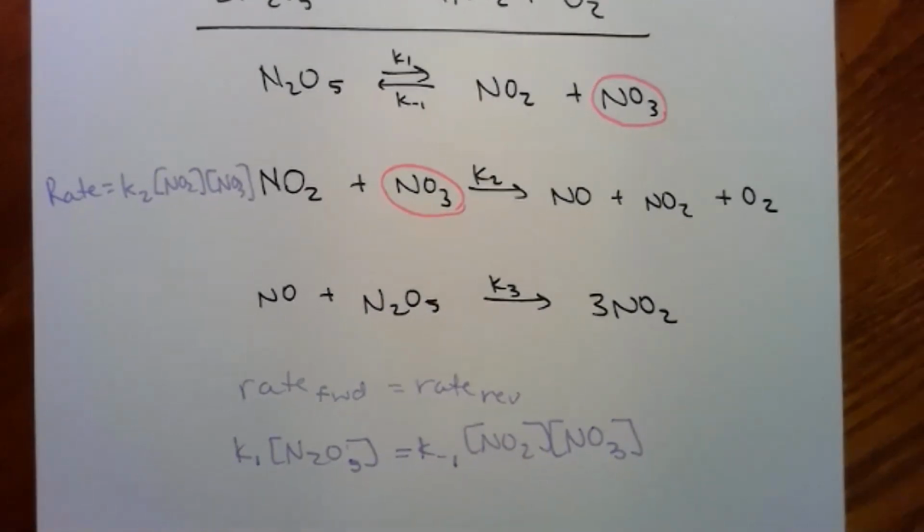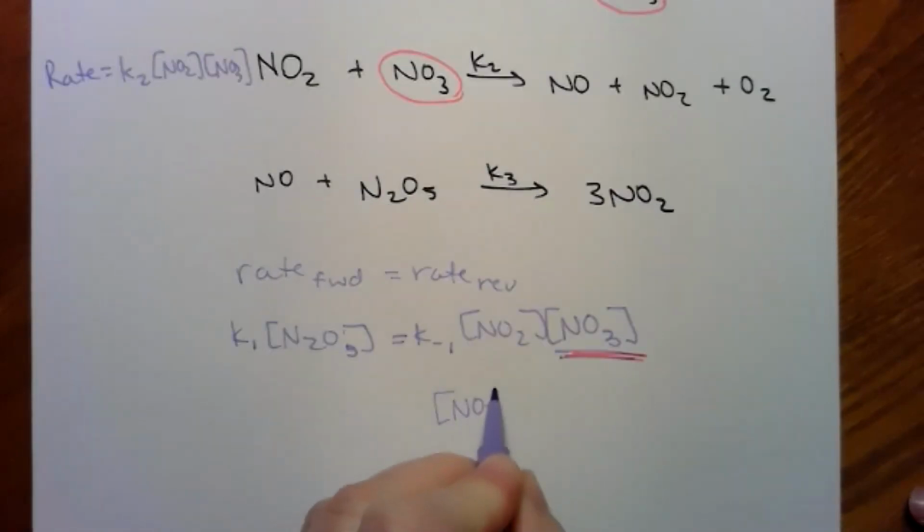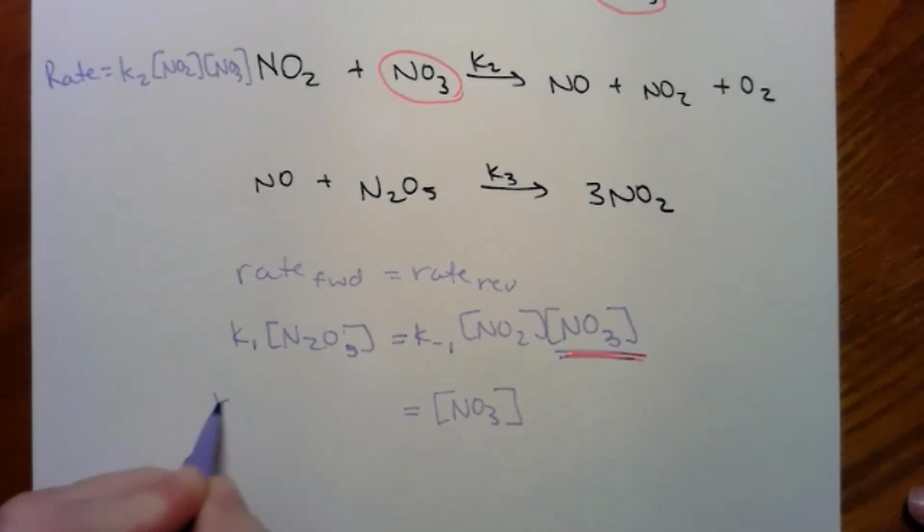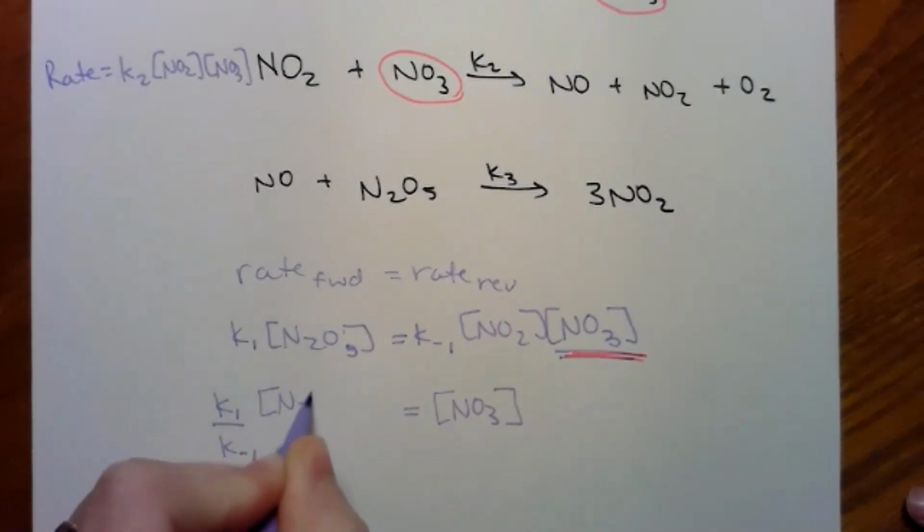Who was the problem child above? NO3. Because NO3 was the problem child, solve this equation for NO3 concentration. NO3 concentration is equal to K1 over K negative 1 times N2O5 divided by NO2.